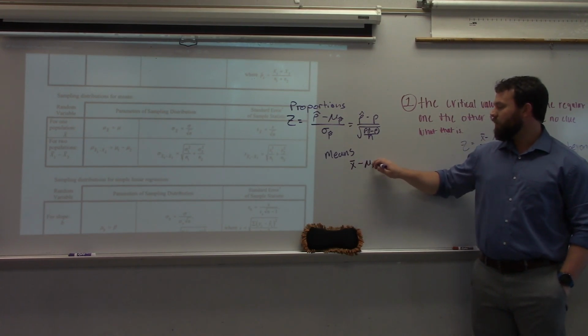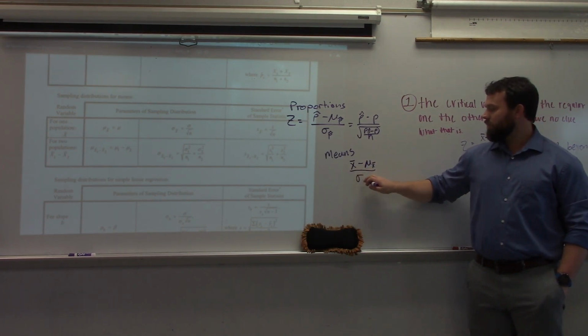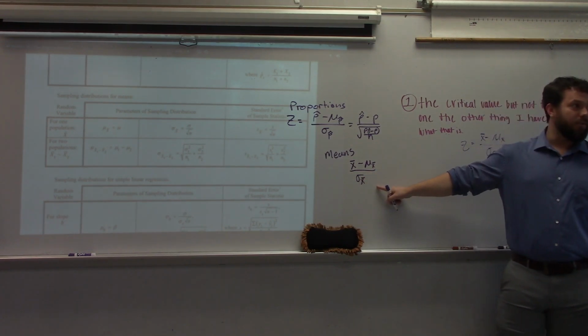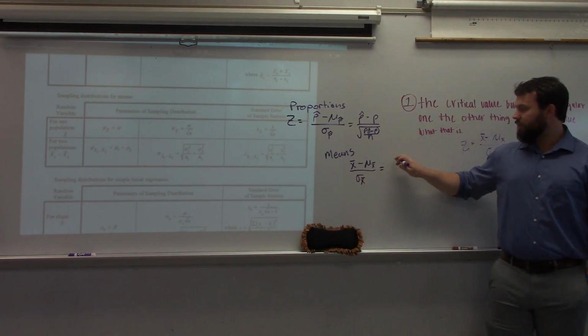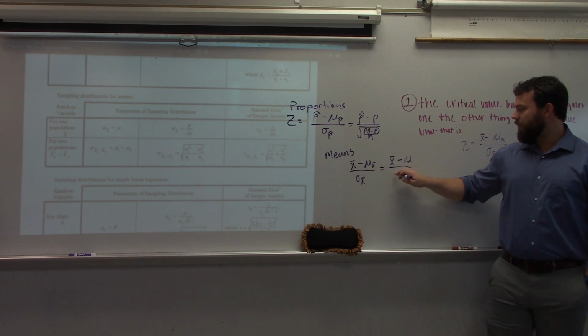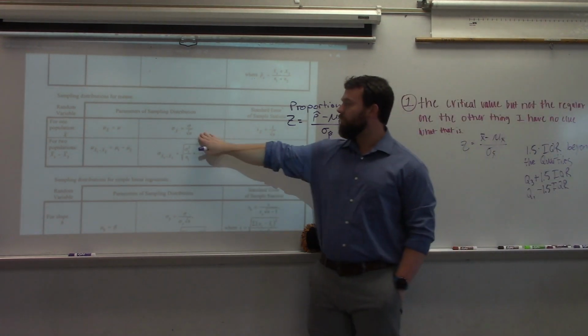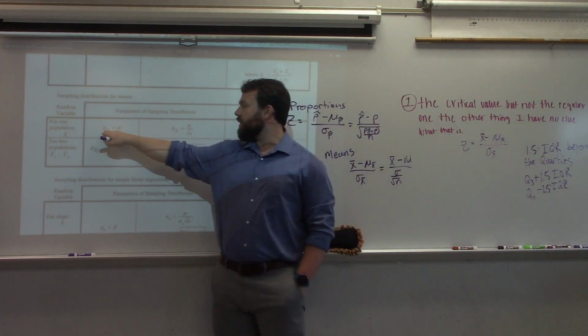Mu of x bar divided by standard deviation of x bar. And if we actually have it, this is what I need you to pay attention to. If we actually have the population standard deviation, then we can use standard deviation divided by the square root of n, pulling it directly from here. Standard deviation divided by the square root of n, the mean of sample means is that.